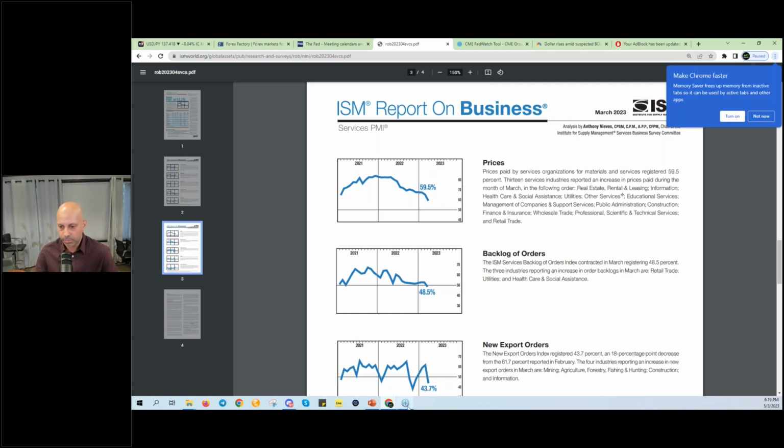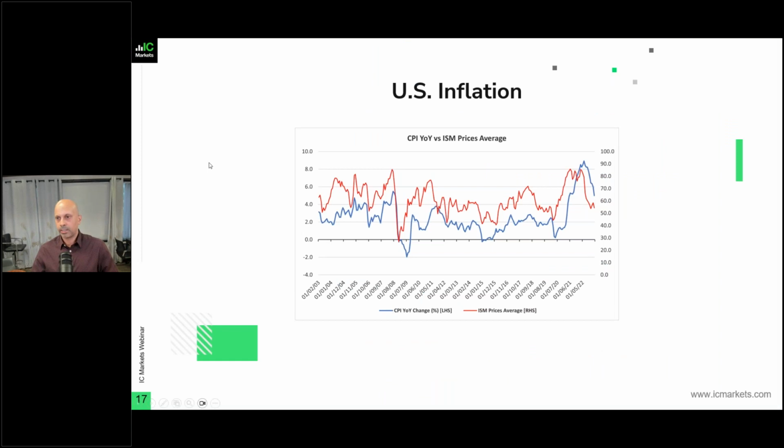Which is why when we go back to this chart, back to our slides, this is where I get the data for the red line. So the red line is giving me the ISM prices average. What I've done in this case is I've taken the price readings for each month for the manufacturing and services sector and done a simple average.